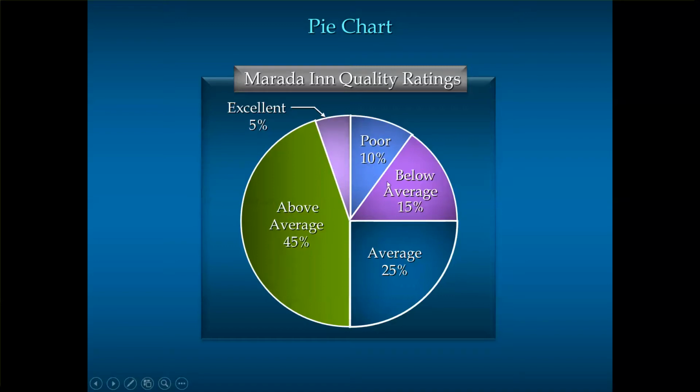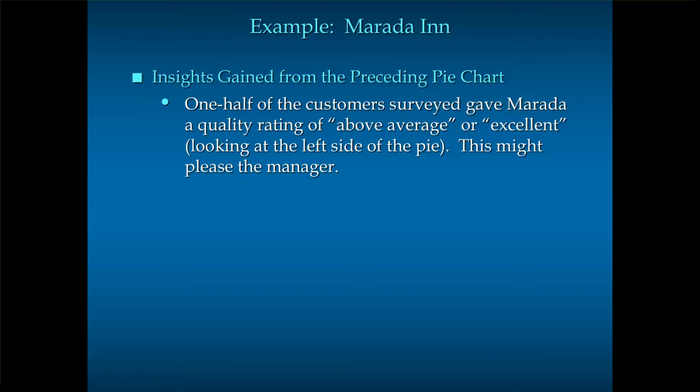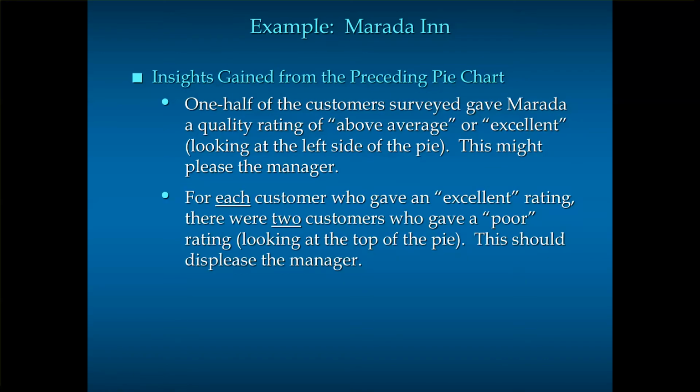If you add the 10% plus 15%, you have 1/4 of the customers who think the hotel is not that good. So the manager will make some comments or suggestions to the employees based on the pie chart.